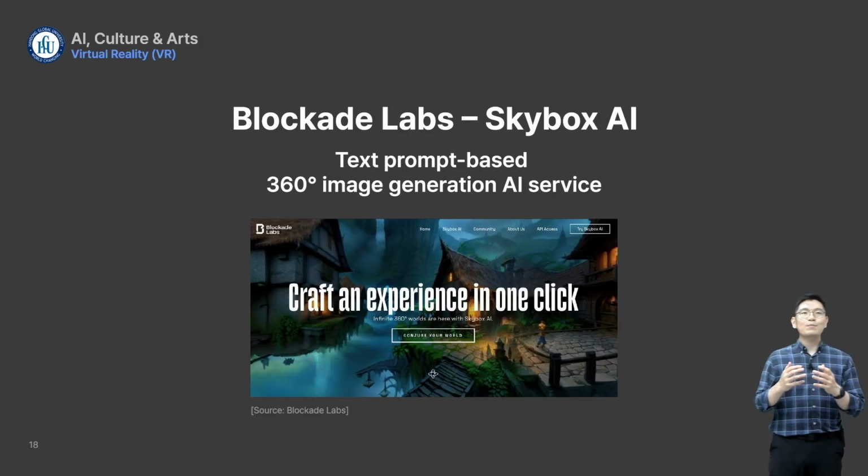It is called Blockade Labs Skybox AI, a service that easily creates virtual reality environments through text prompts. This experience might inspire the development of more innovative and user-friendly services. I hope you all continue to explore this area with interest, as there is a lot of potential for exciting new VR experiences.